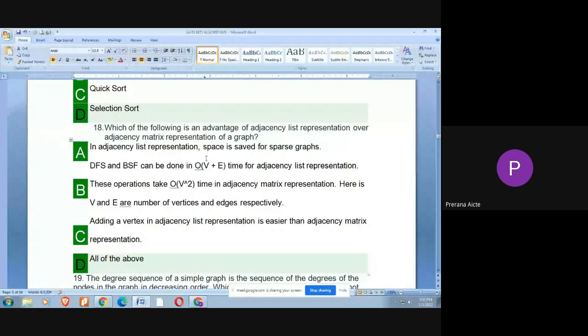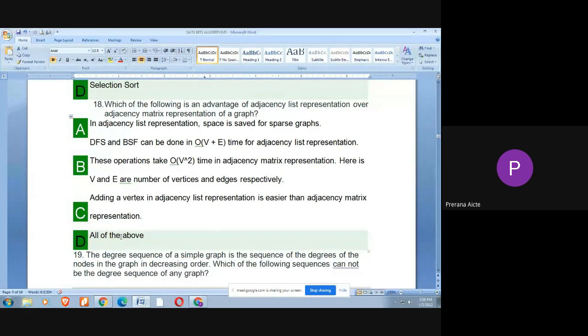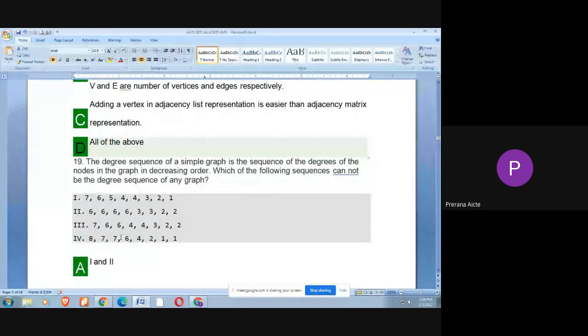In adjacency list, space is saved. Matrix requires more space, and matrix representation requires two for loops, so it is going to be order of v square or n square. And adding a vertex in the matrix representation is complex compared to adding a vertex in adjacency list. So these are all the advantages. So the option is all of the above.